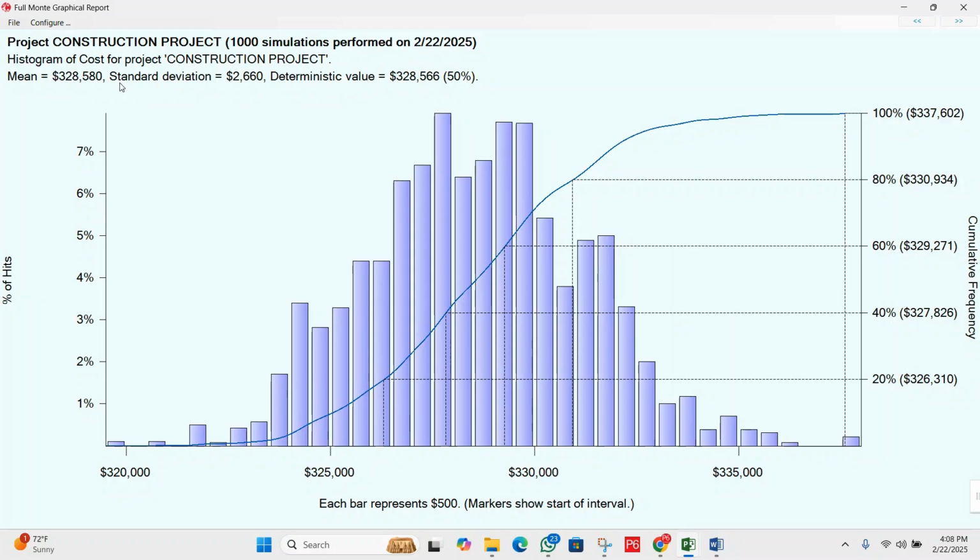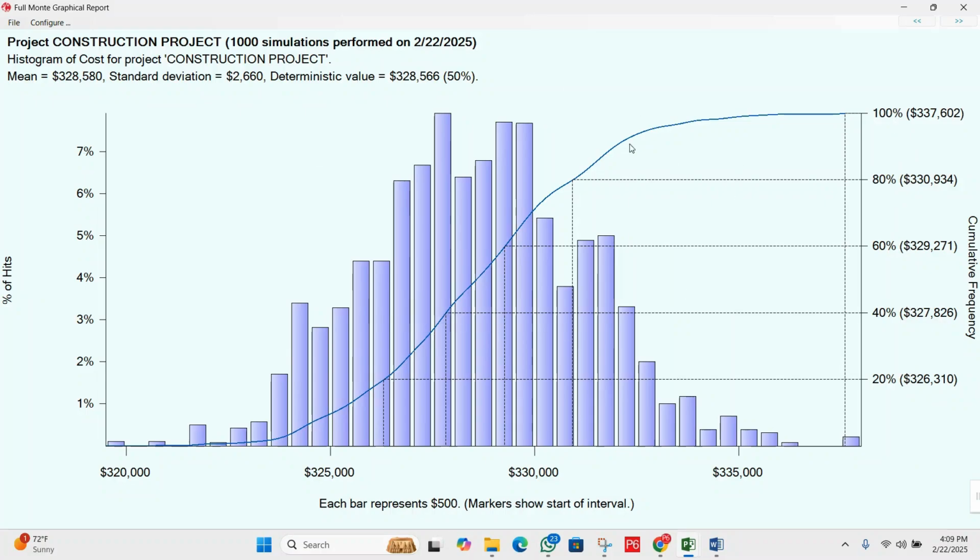You understand? There is a 50% chance that the project will cost more than 328,566, suggesting that unexpected expenses are likely. If you want a safe budget estimation with 80% confidence, the project should be planned for $330,934. So your budget should be between the 80% and 100% levels.